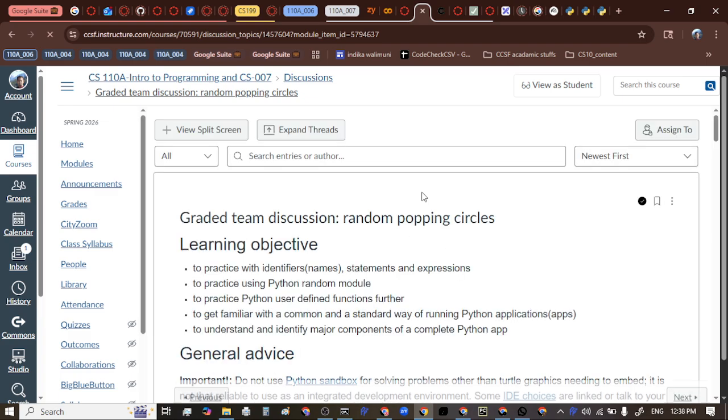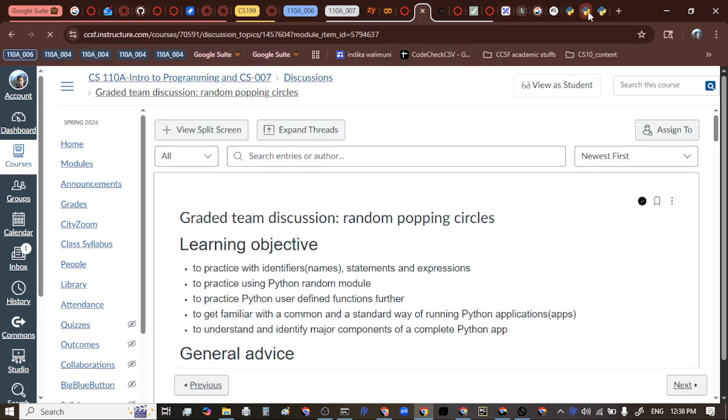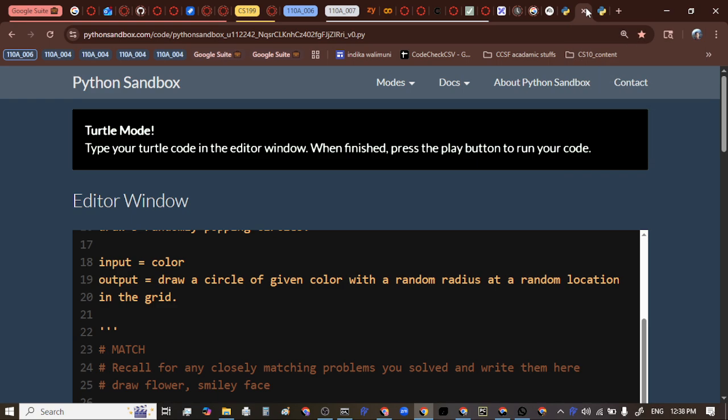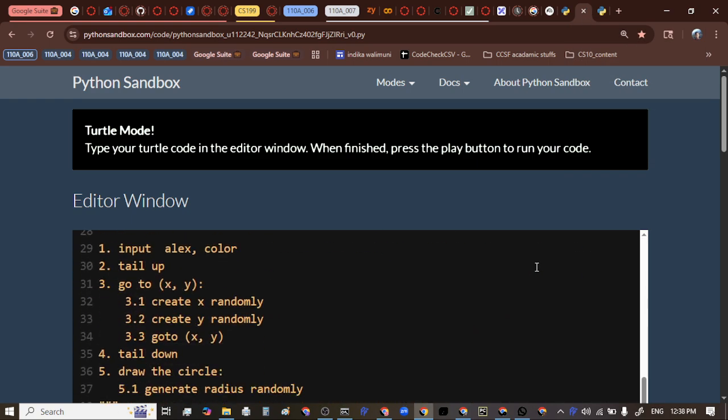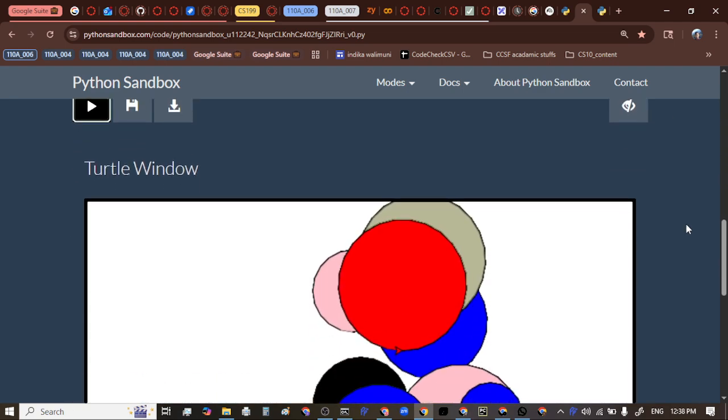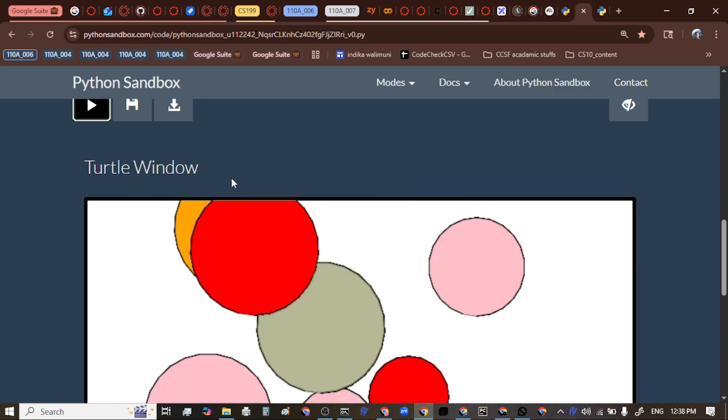The idea is this. Let me run my already existing code. If you run this code, you will see popping circles like this in different colors.